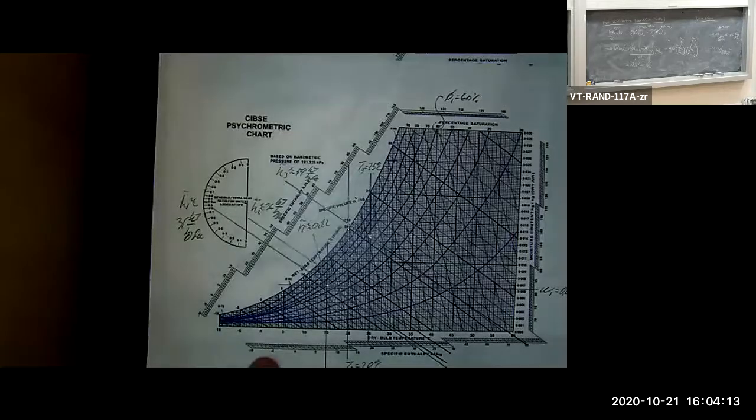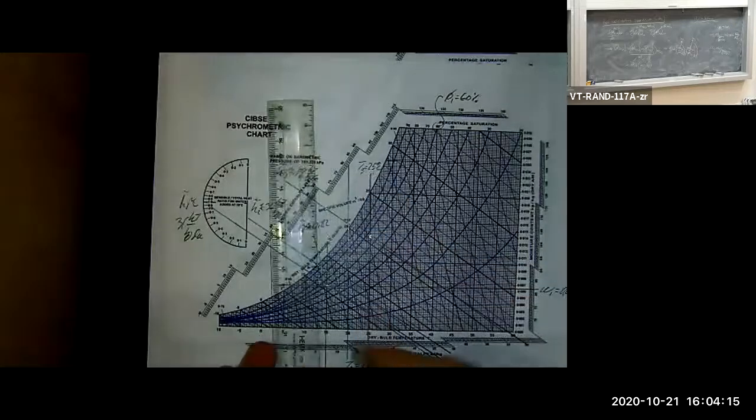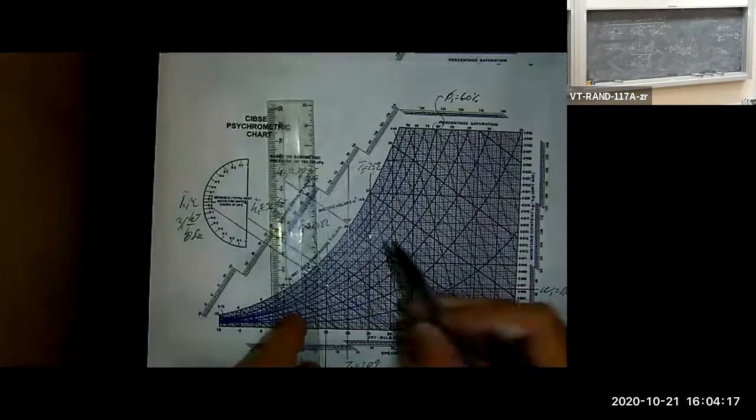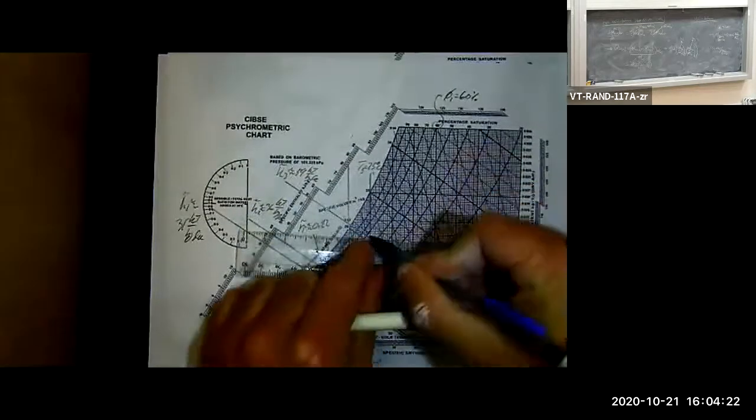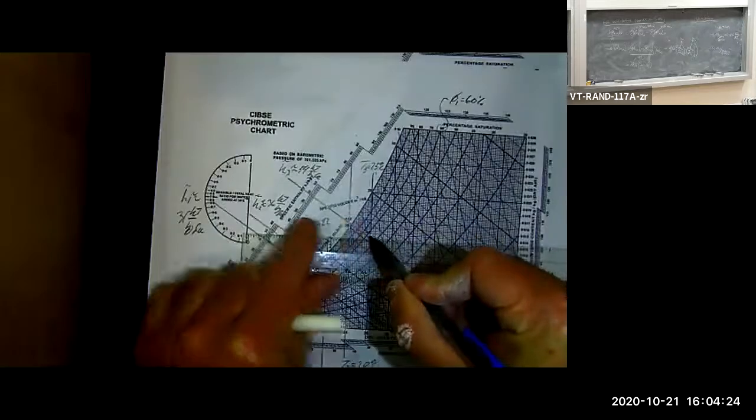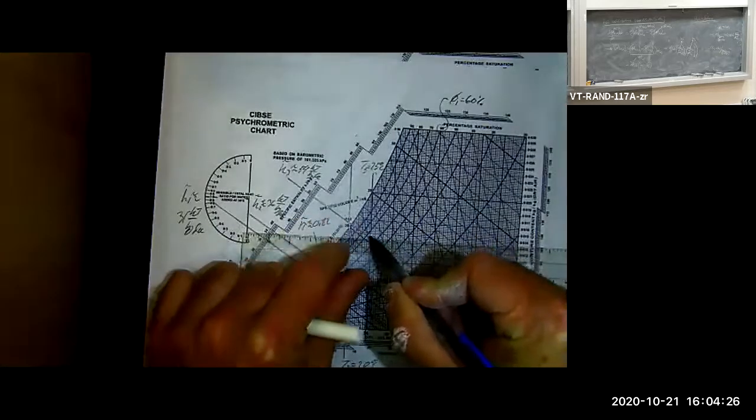Let's get back. So at 25 degrees, our state is right here. Let me find my, that looks pretty good.